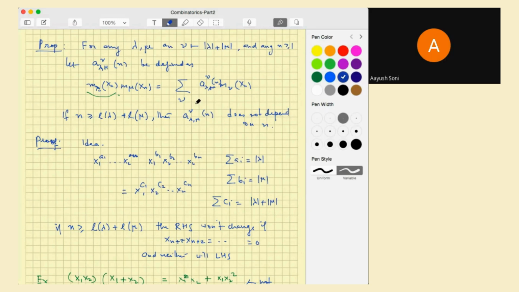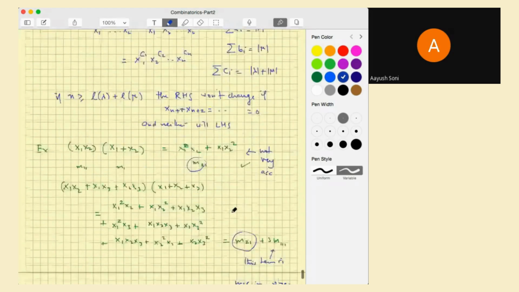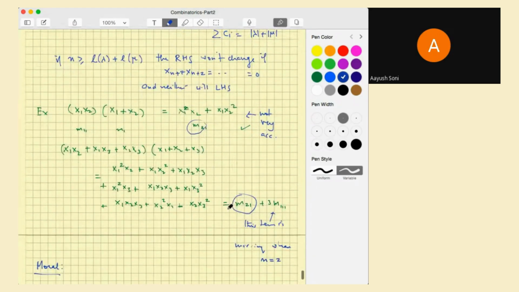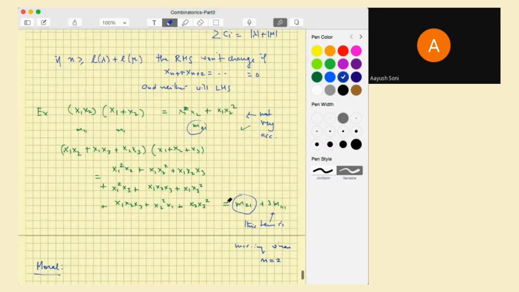And then we are summing over all the partitions of size lambda plus mu, right? And now in the case of x1 x2 plus x1 x3 plus x2 x3, like in our last example, on the right hand side we are not getting an m3 term, right? So does that mean that the coefficient a lambda mu for that particular partition is zero?